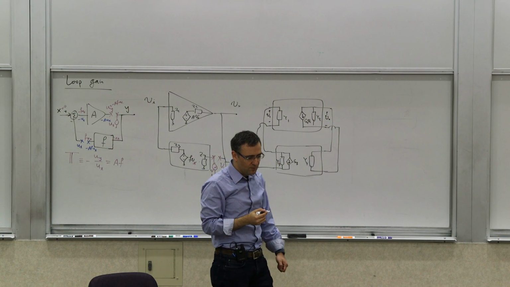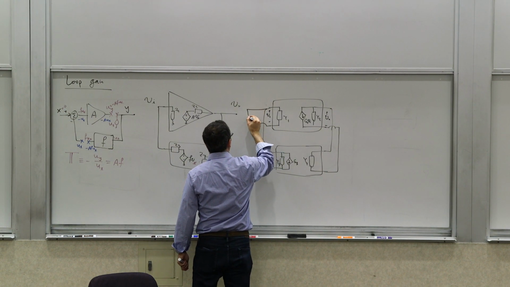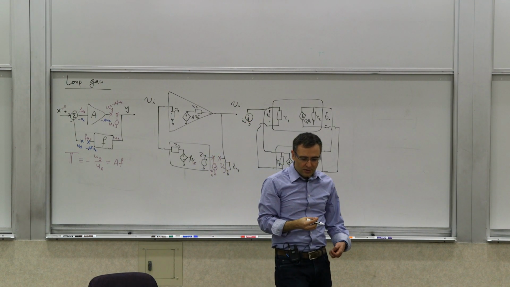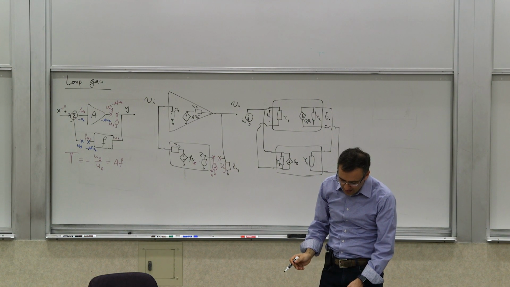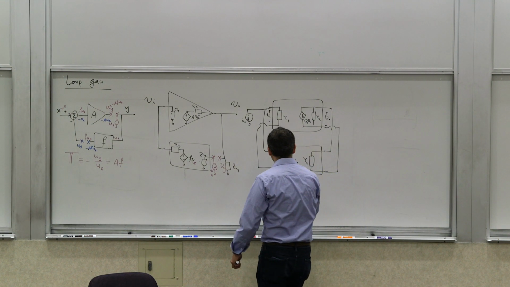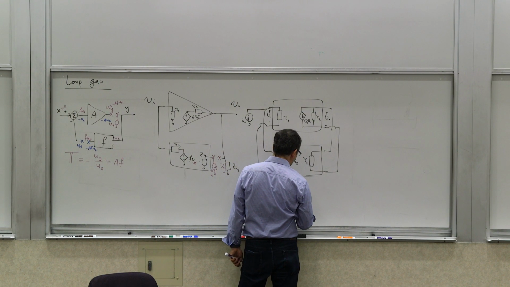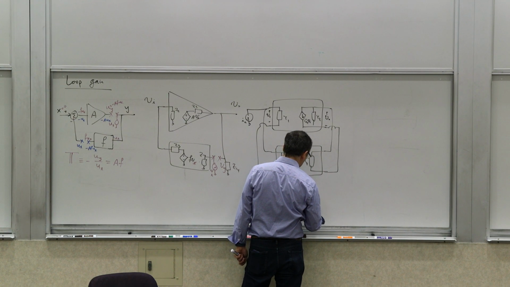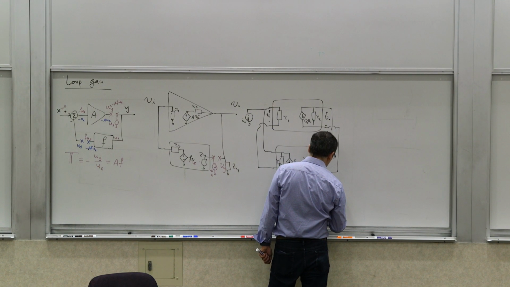So if you write it this way, you can easily see that if you break the loop, you can have an I in if you want. If you break the loop and you calculate this with putting the right impedance in the right place, then you see that the unilateral gain, which is defined as what comes back, uy over ux, is going to be negative G1 G3 over Yi Yo.